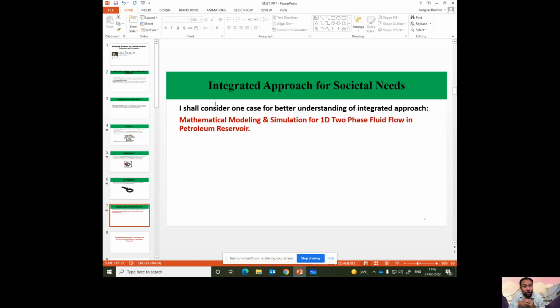What is the meaning of integrated? I'm going to integrate the science with technology, with the engineering. Without the integrated science, technology, and engineering, we are not able to do any benefit for the society. So we need to do the integration of science, technology, and engineering.